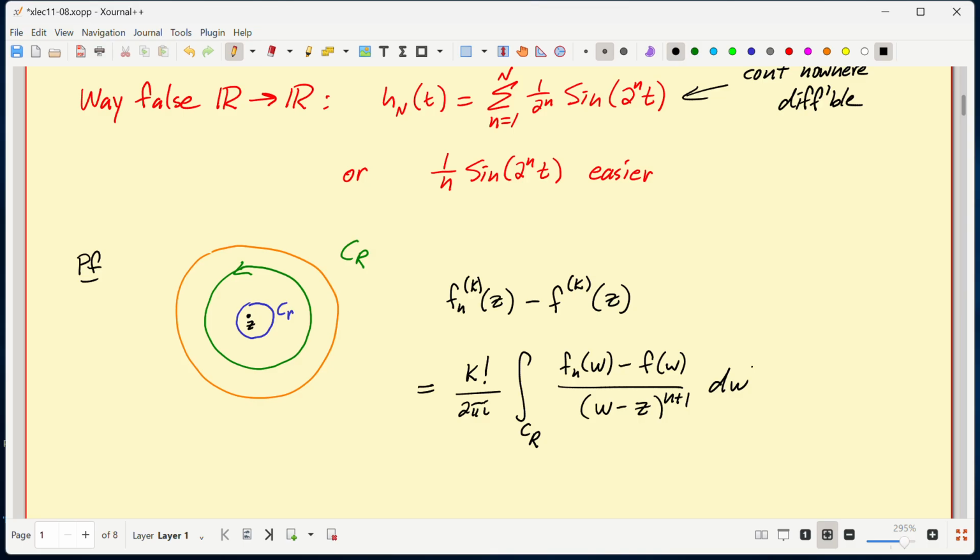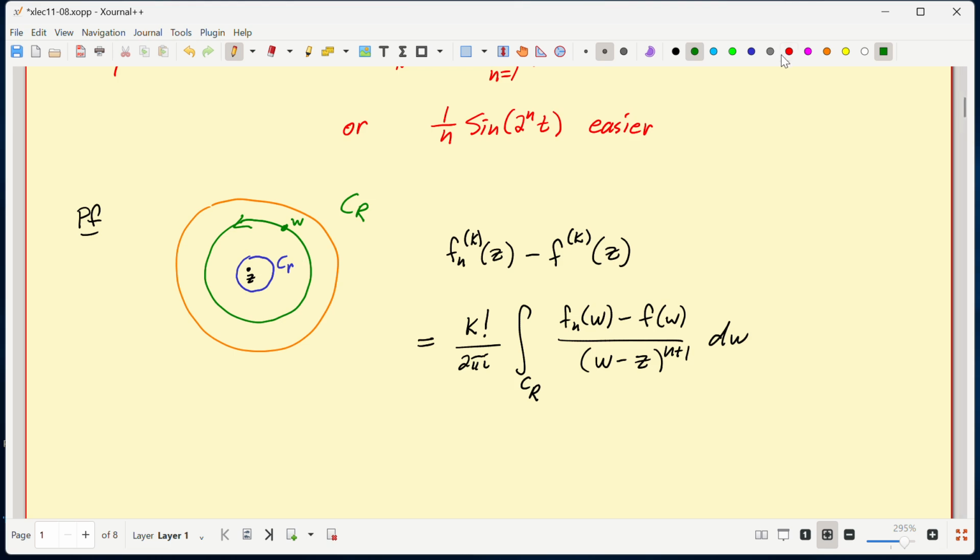Okay, now let's see, the w in this integral is going around the C sub capital R. And so w and z stay away from each other. And it's the good old capital R minus little r distance. That's the closest they can possibly get together.